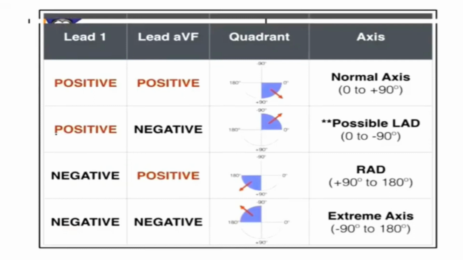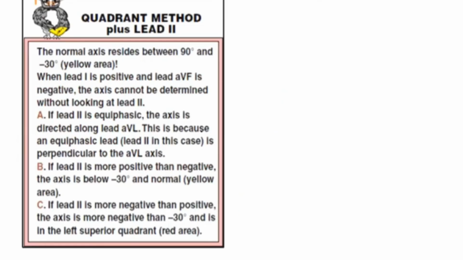If we get net negative QRS complex in lead 2, then we call it a pathological left axis deviation. If lead 1 is negative, lead AVF is positive, then this is a right axis deviation. And if both are negative, we call it extreme axis deviation. Please remember this table.